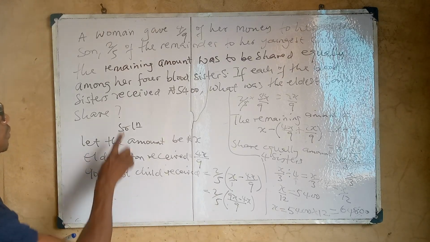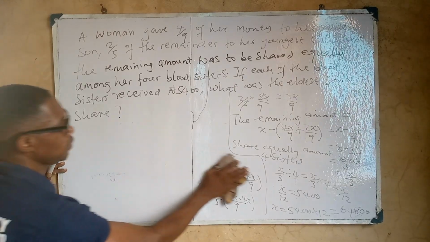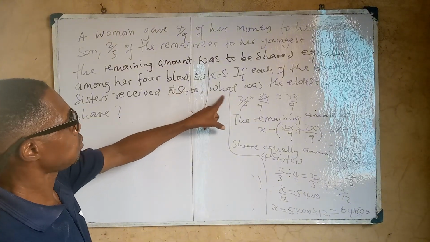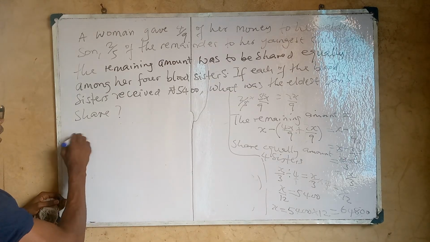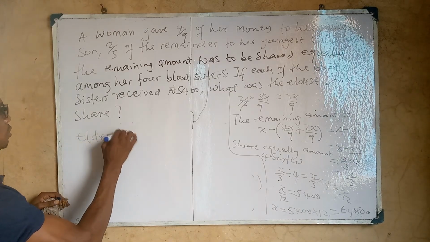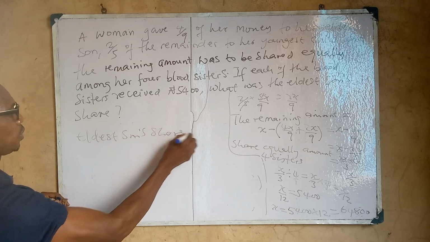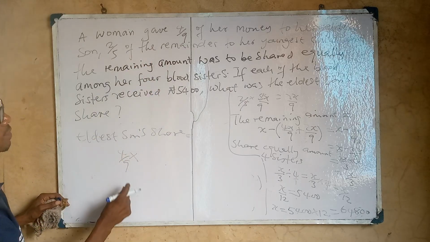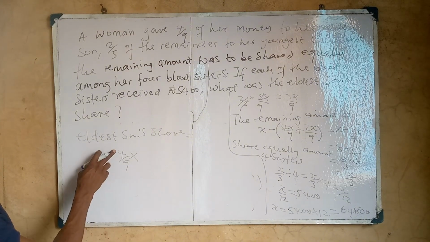But the question we have here is, if you follow me, what was the eldest son's share? Remember from the beginning, the eldest son's share will be equal to 4 over 9 of that. Remember, I've cleaned it, it is 4x over 9.